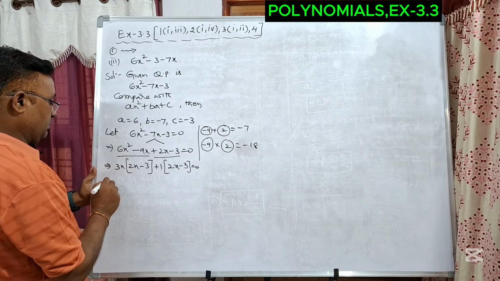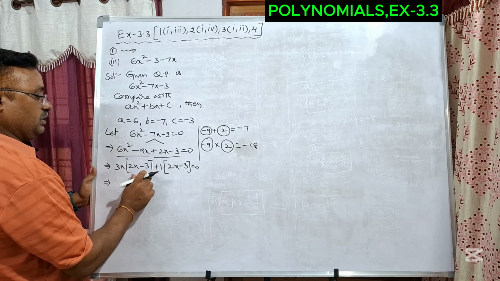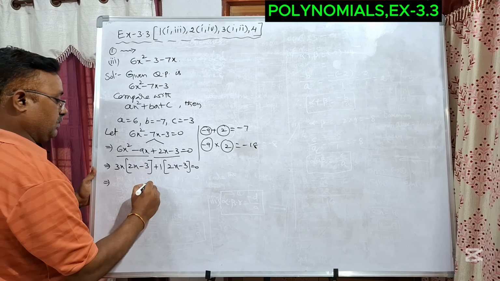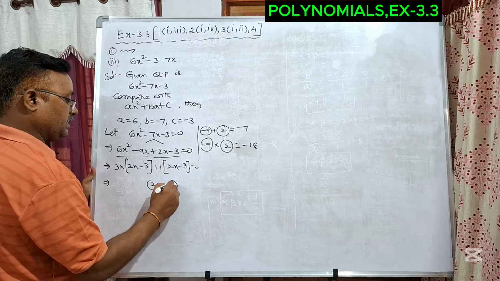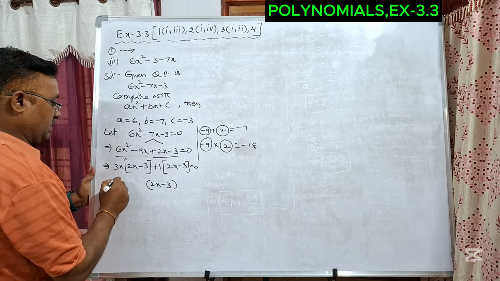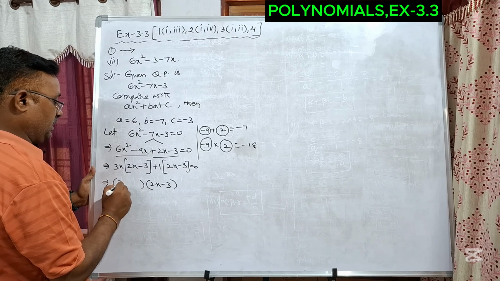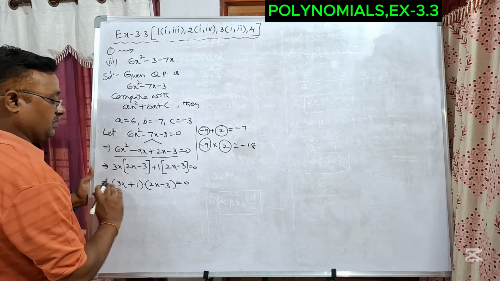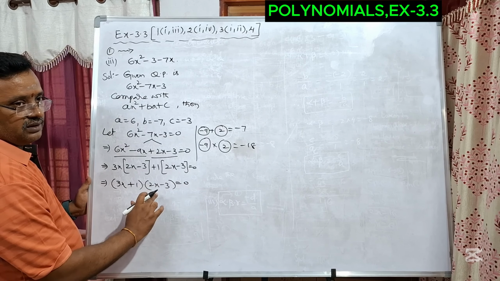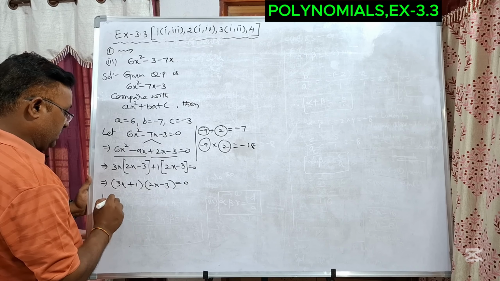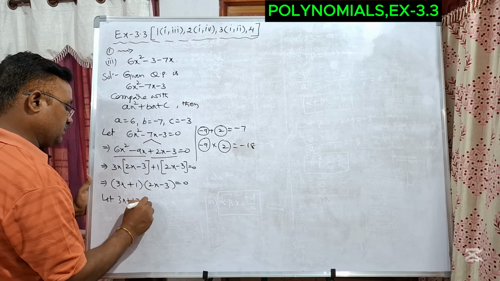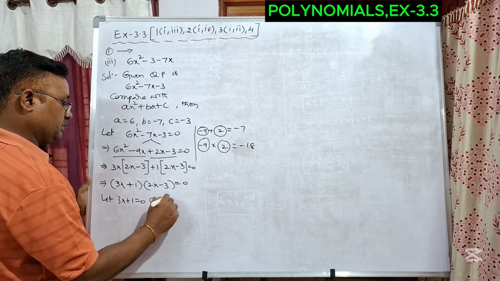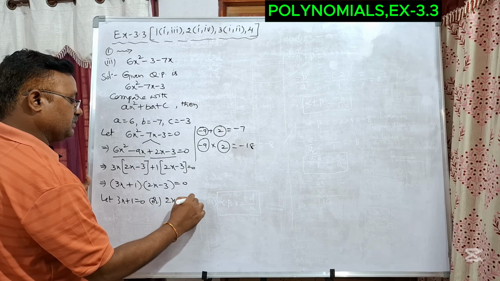Clear? This implies now both the brackets are same, that's why they come common. 2x minus 3 comes common, and the remaining values will become 3x plus 1, into 2x minus 3 equal to 0. So this is called factorization. From this, let the first term equal to 0 or the second term equal to 0.